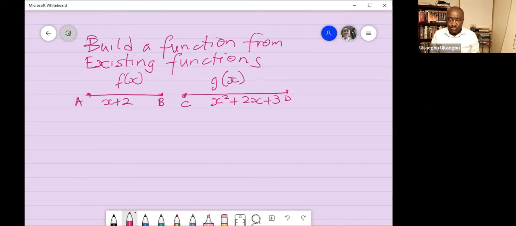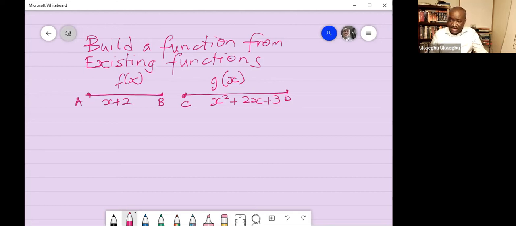Bottom line is, if you want to combine these two functions, you can combine them by way of addition, by way of subtraction, and by way of division. Does that make sense? Whatever you get is another function by itself.